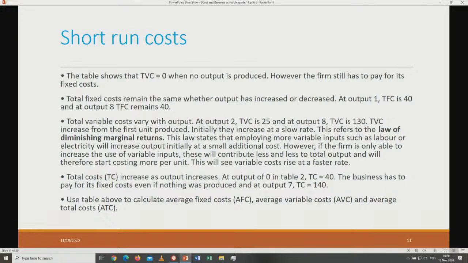Now we can use that table above to calculate the average fixed cost, average variable cost, and average total cost, like I've shown you already how we do that.